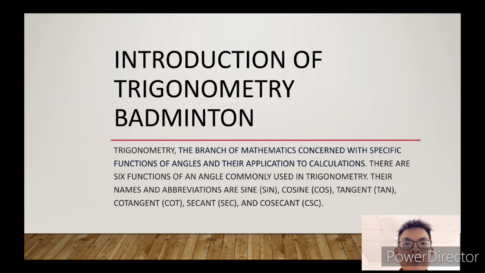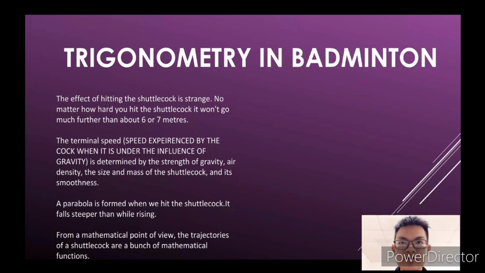Their names and abbreviations are sine, sin, cosine, cos, tangent, tan, cotangent, cot, secant, sec, and cosecant, csc. Before that, I want to talk about the trigonometry in badminton.